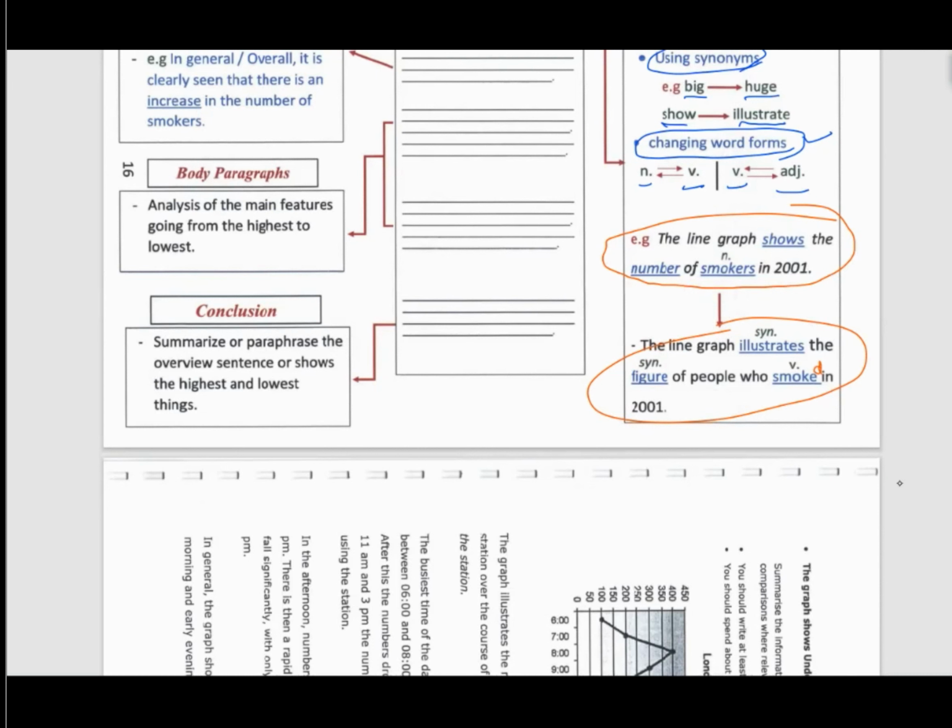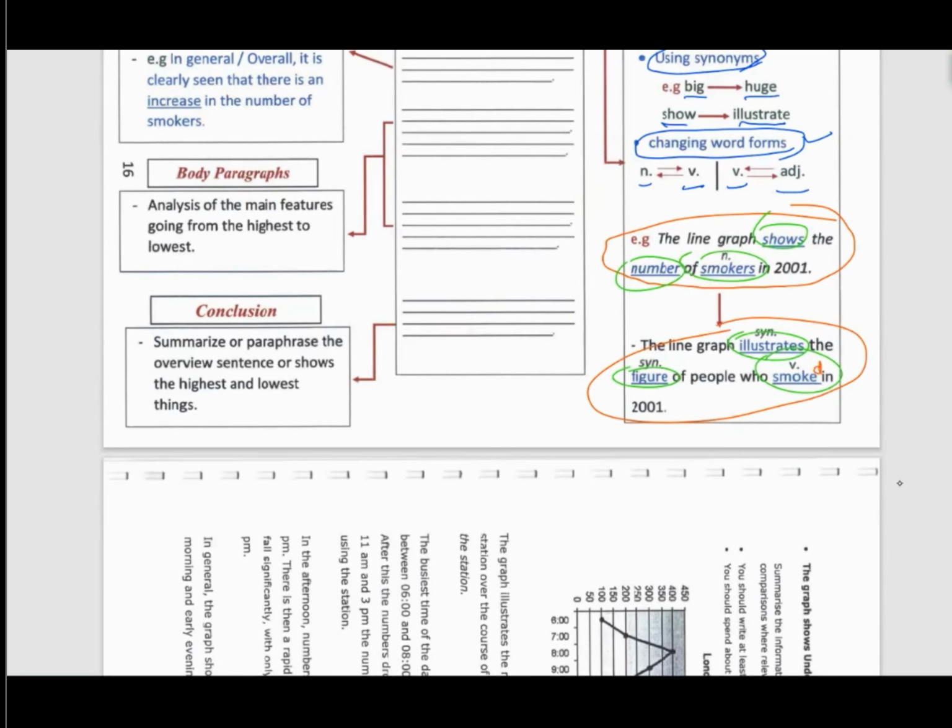Okay, now illustrates is a synonym for shows. Figure is a synonym for number. Smoked is another form of smokers, which is the noun. So from a noun to a verb.